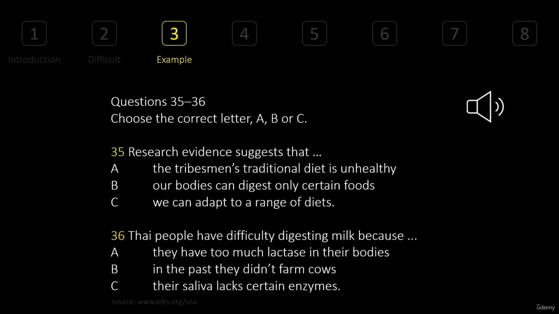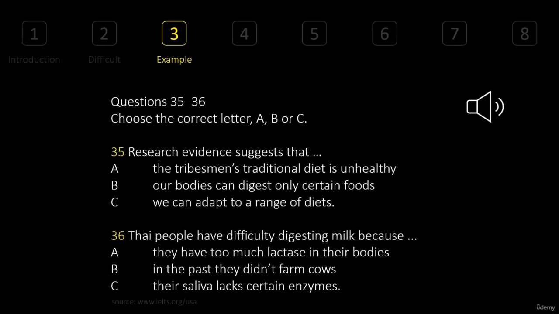Examples abound, and our ability to digest lactose is a good one. Lactose is a sugar that is found in milk, and it is digested in the human gut by the enzyme lactase. In communities in Europe, the Middle East and Africa that traditionally herd cattle and drink cow's milk, this enzyme is present and people can digest milk products. However, in places such as China and Thailand, which do not have this style of farming, the enzyme is lacking, and most people have lactose intolerance. Another example is the ability to digest the sugars from starchy foods.